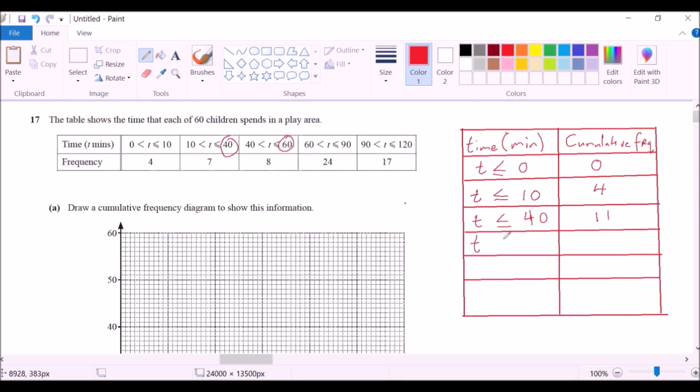Then time less than or equal to 60, we have 8 plus 7 plus 4, which will give us 19. Then time less than or equal to 90, we have 24 plus 8 plus 7 plus 4, which is equal to 43. Then time less or equal to 120 is a total sum, which is 60.